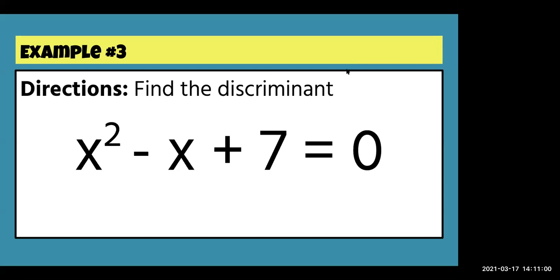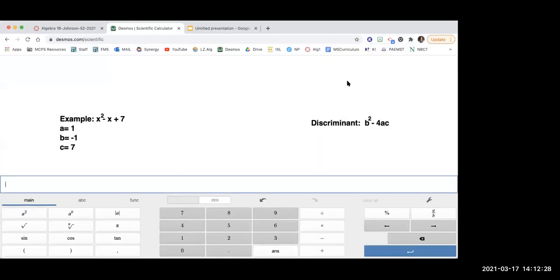Example 3, x squared minus x plus 7 equals 0. First, we need to identify the a, b, and c values of the given example. A is 1, b is negative 1, and c is 7. I'm going to use the buttons on Desmos to help me replace the values in the discriminant.